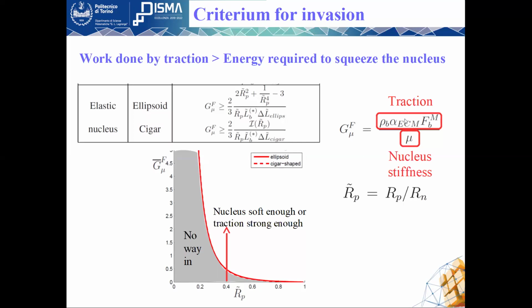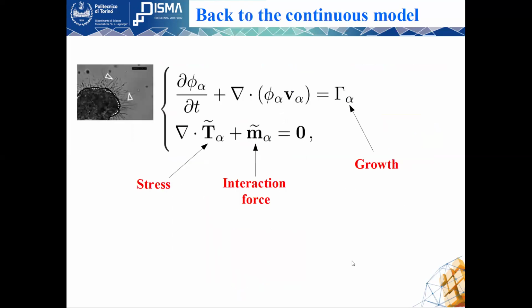If instead they have a soft nucleus, they will be able to. So if you have a diversity of phenotypes, the cells that are more aggressive, more motile, for instance because the traction forces are strong enough or the nucleus becomes less stiff, will be the ones to invade the surrounding tissue.